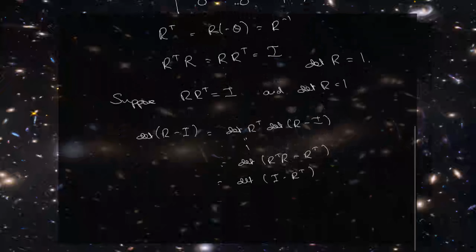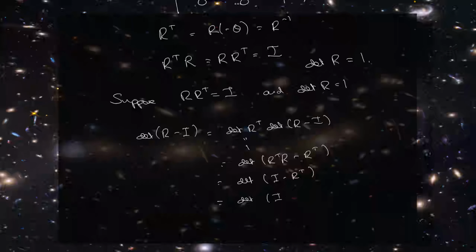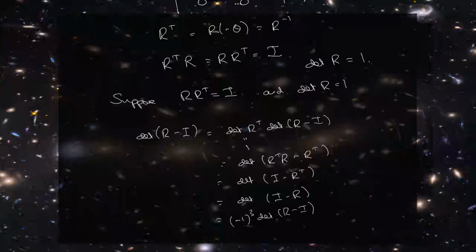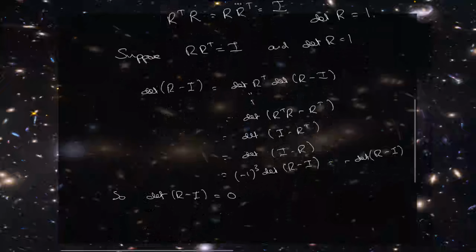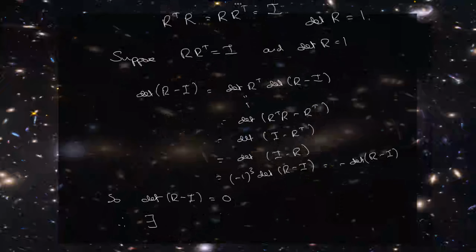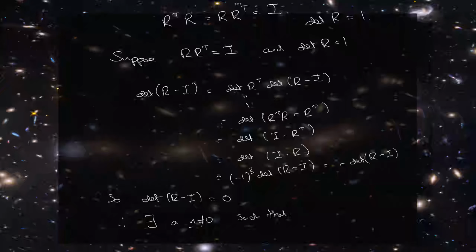This is equal to the determinant of I minus R, and it's also, up to minus 1 cubed, the determinant of R minus I. In other words, it's minus the determinant of R minus I. So det of R minus I is equal to 0. Therefore, there exists a non-zero vector n such that Rn is equal to n, and that's going to be our axis.